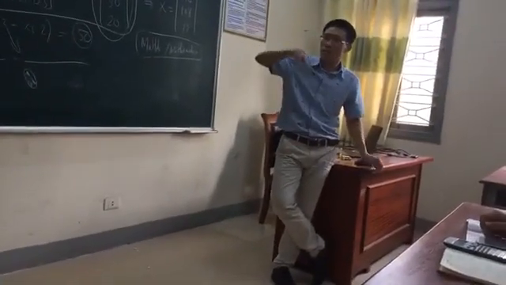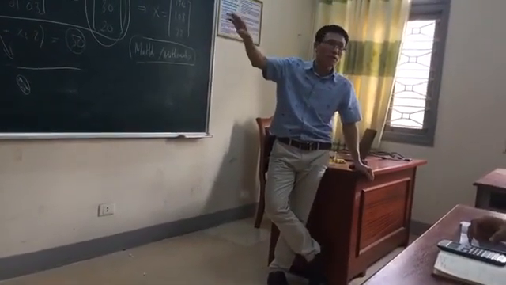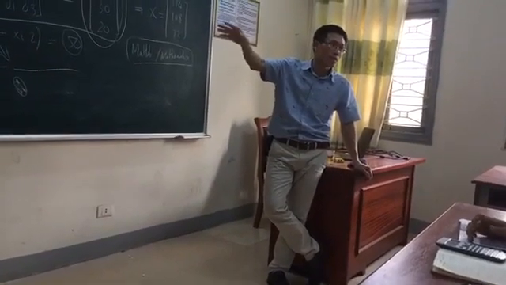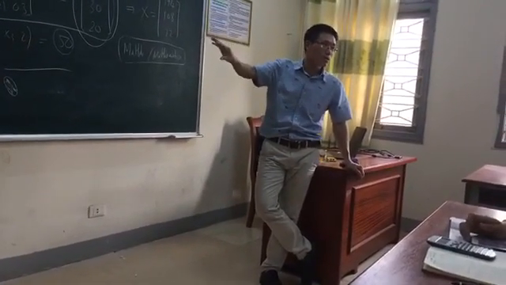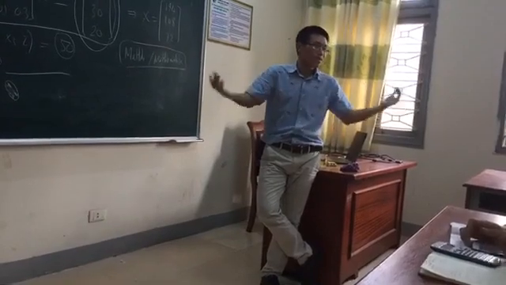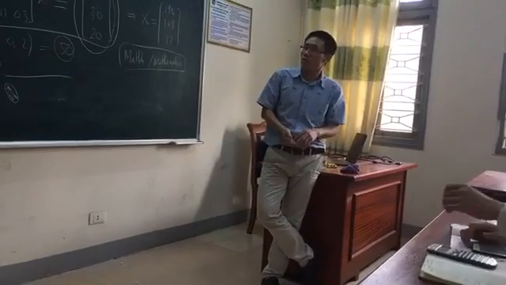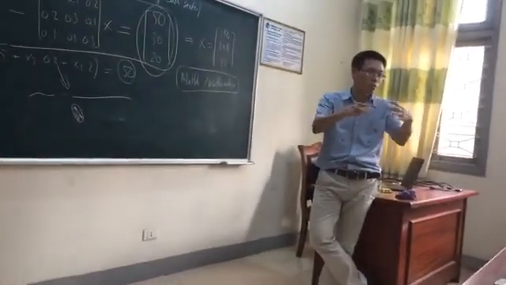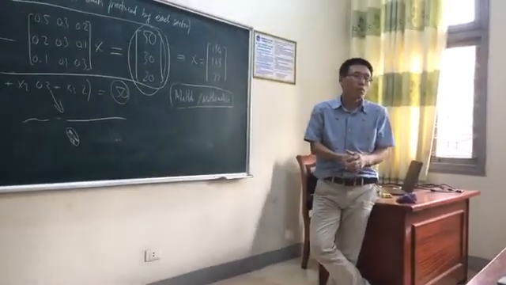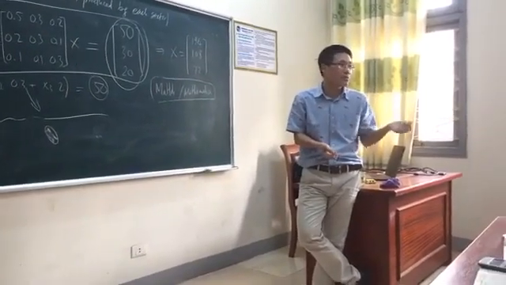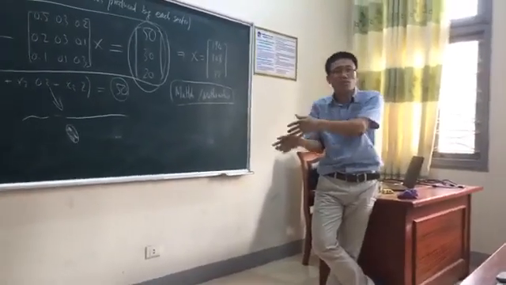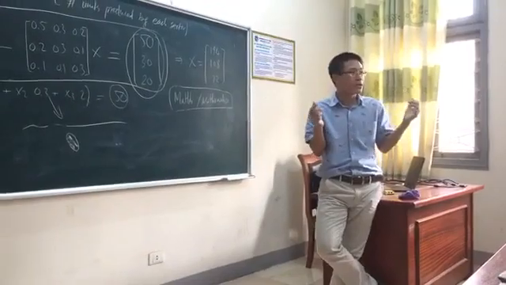Like in the Leontief model, he used like 500 sectors, right? But in class, we cannot discuss a 500 by 500 model, so we only consider a simplified model. But the idea is the same. If they understand a simple model, they should be able to understand the bigger model.